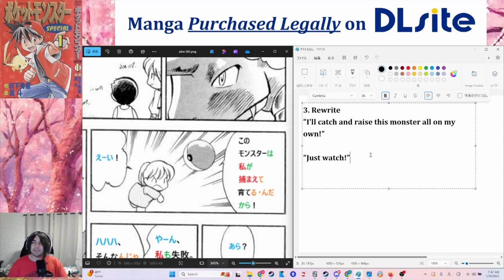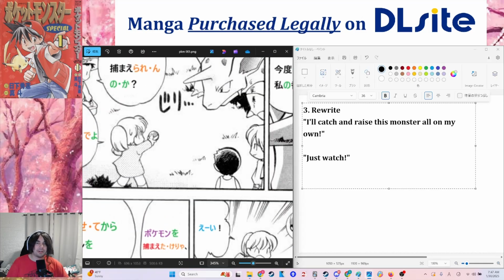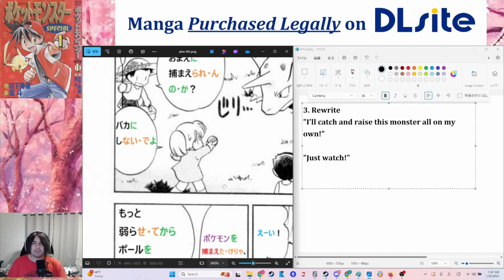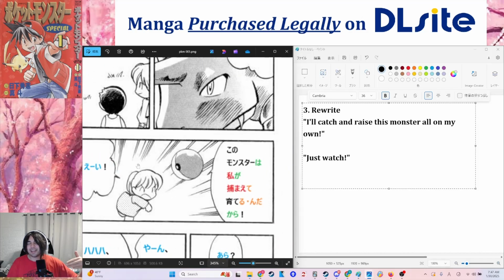Finally, for our English rewrite, something a little bit more like, I'll catch and raise this monster all on my own. Again, I'm adding a bunch of context that isn't actually here in the bubble, but going off of what she said before in the English rewrite here, I basically had her saying that she was going to pull this off, that she can totally do this.